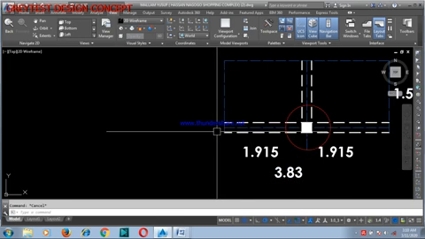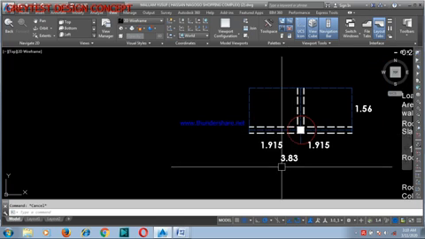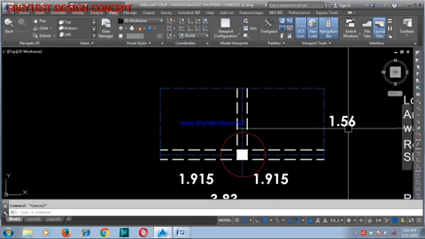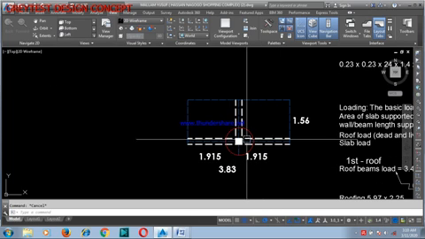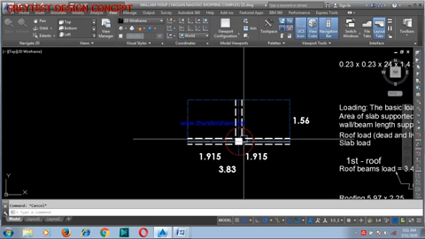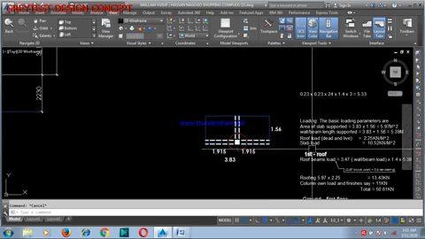That means the length is 3.83 and the breadth is 1.56. Now we get the particular area that this column covers, the area over which it carries load.